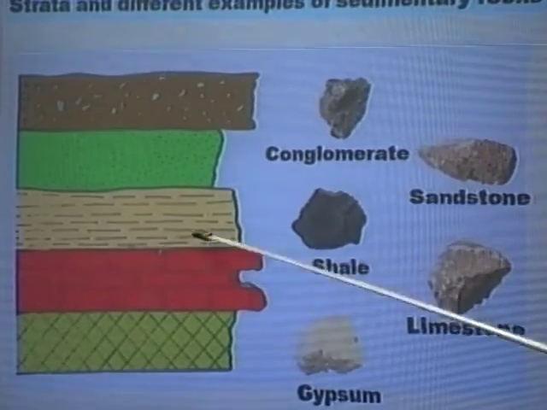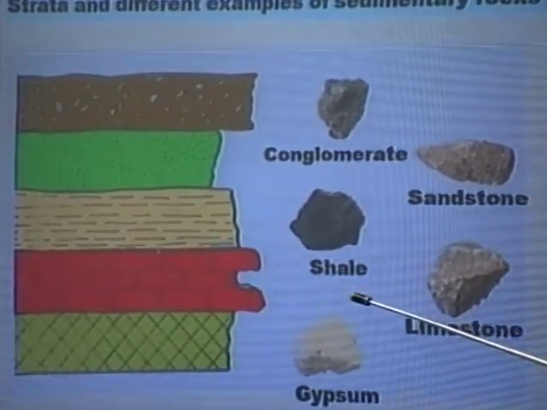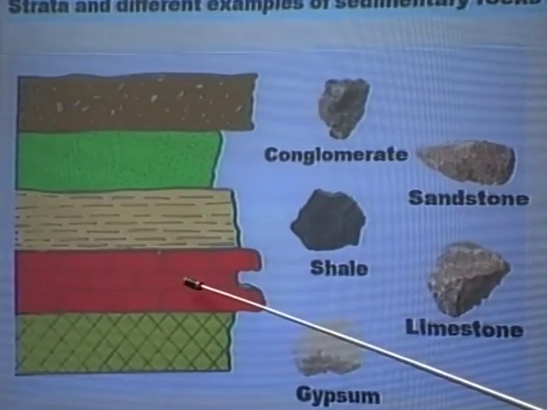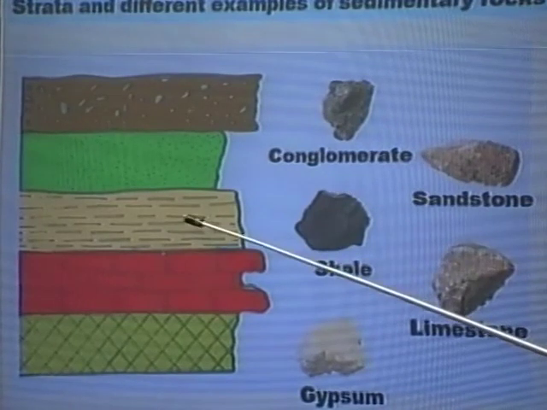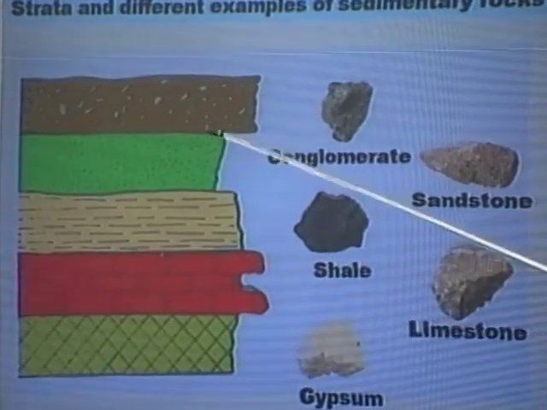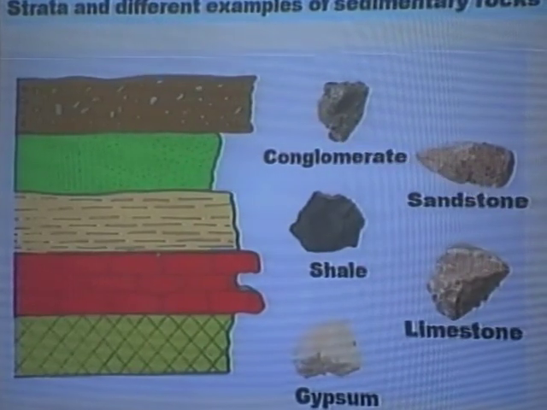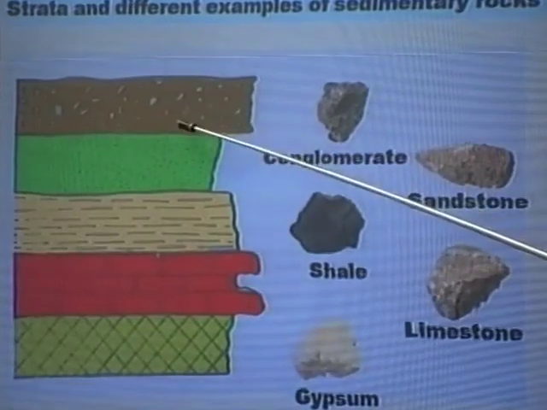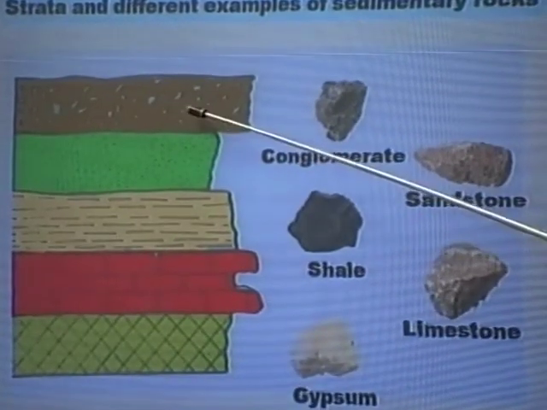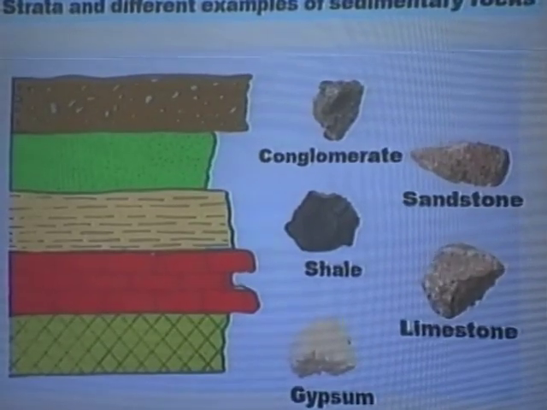Then you have the next layer, which might be, for example, shale. Shale is an example of a sedimentary rock. The next layer you might have limestone. The next layer you might have conglomerate. The next layer you might have sandstone, and so on. But here we are looking at an example of strata, as well as some examples of sedimentary rocks.